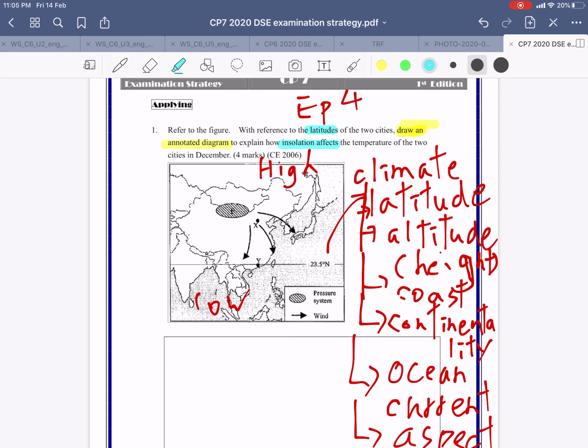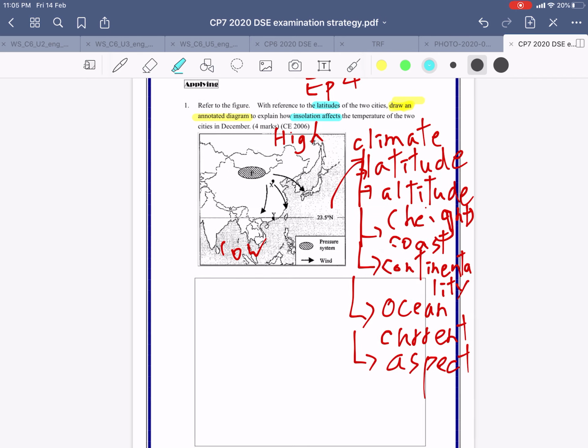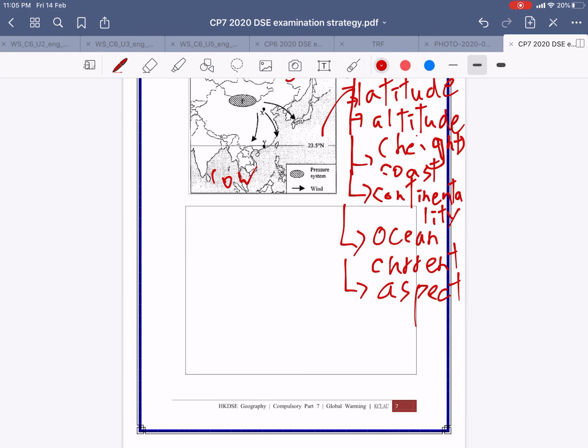Right now you can see the question: how insolation and latitude affect the temperature of two cities in the summer. So can you explain latitude to me? What's latitude? If it's the Earth, what is the angle of the sun for high latitude and for low latitude?